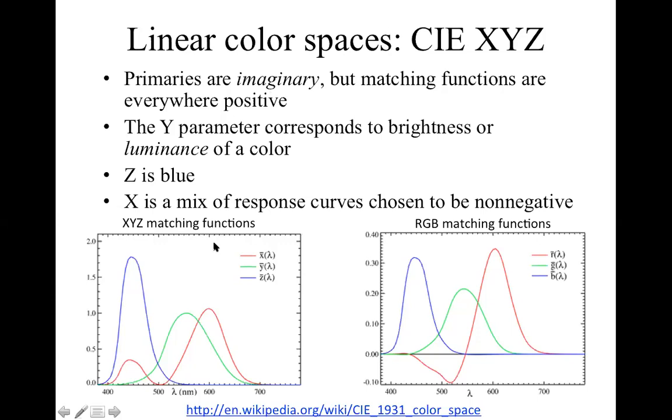If you look at the matching functions, you see that the XYZ matching functions are different from the RGB matching functions, and these are all positive, whereas the matching function for the red color here is negative.